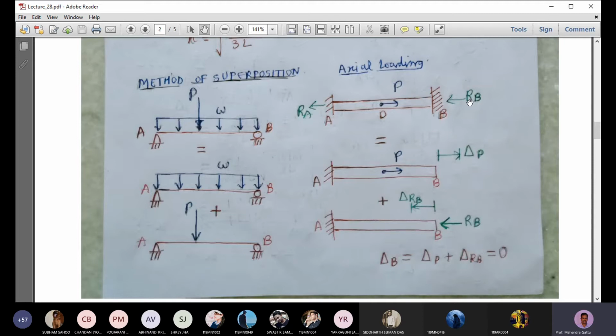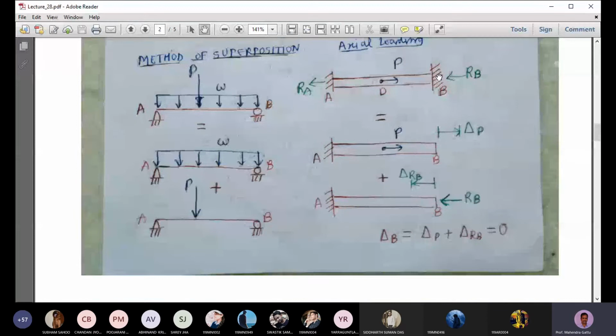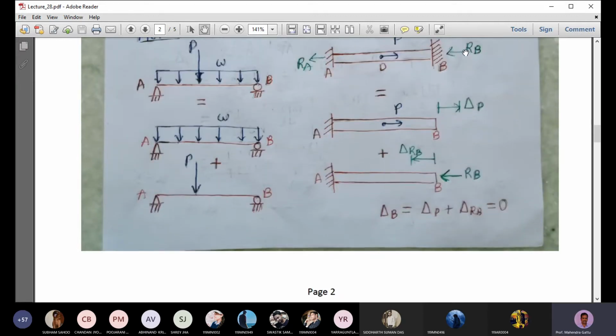So then we applied our method of superposition. In that method, we remove the support at B, and we split the problem into two parts. In the first problem, load P is acting at D. Under the action of the load P, the bar will elongate by a small amount delta P. Then in the second case, the reaction RB is there.